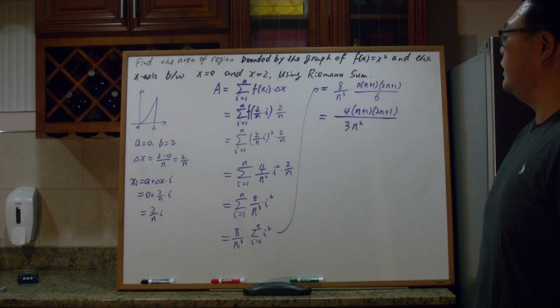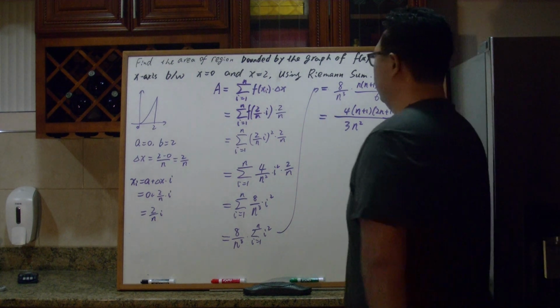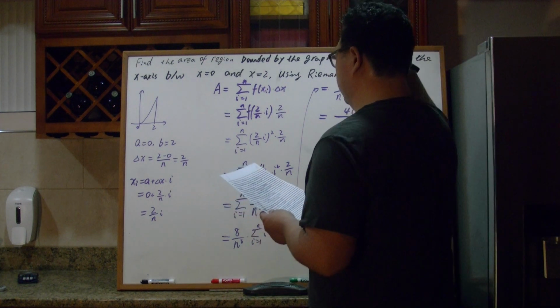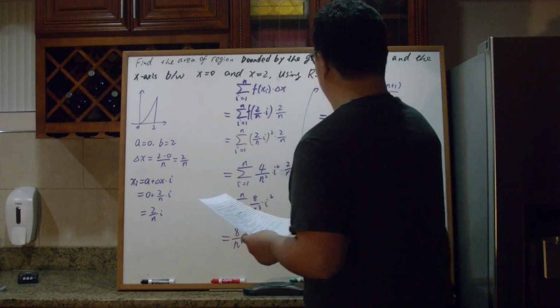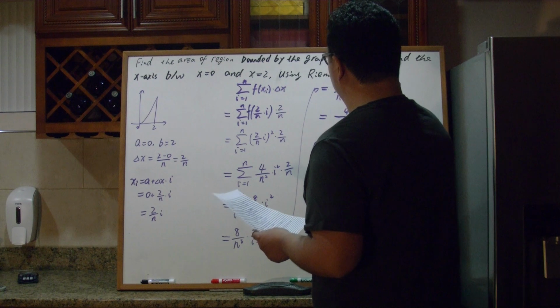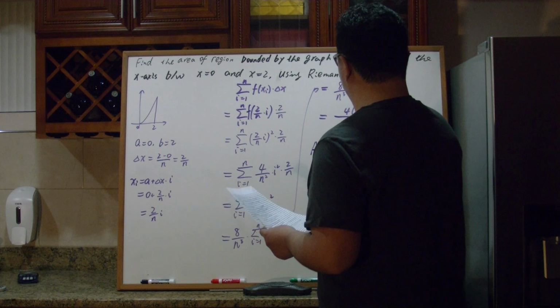Right, if you can see the leading coefficient already, you are able to take a limit. The summation is that. And the area is the limit as n goes to infinity of the summation.